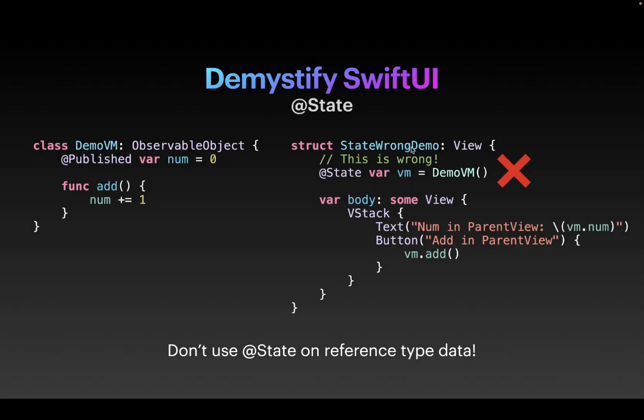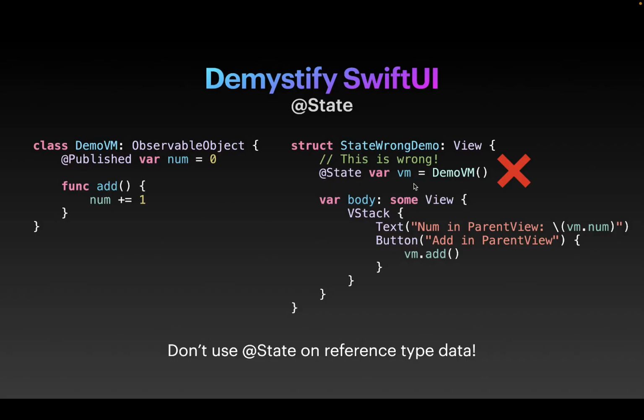And on the other side, I have another view. In this case, I say @State var viewModel and assign the demo view model, which is this one, to this @State variable.